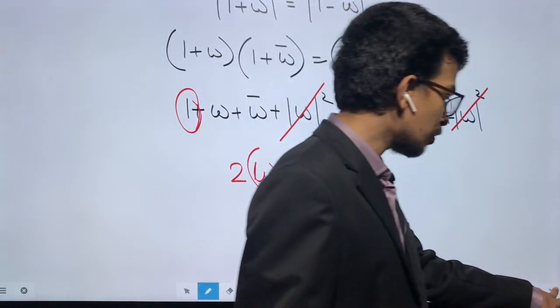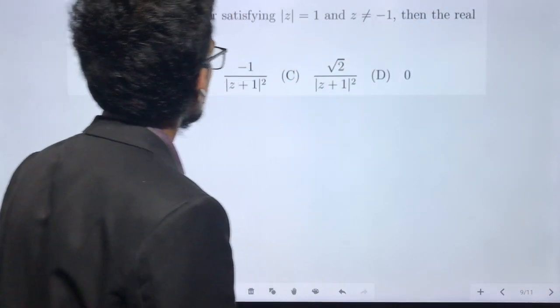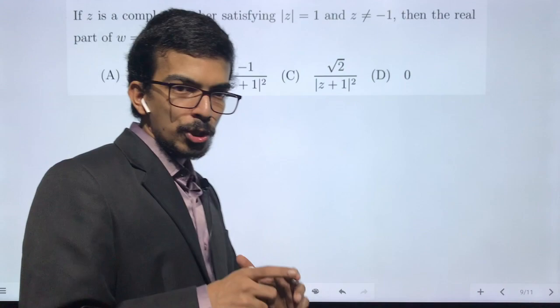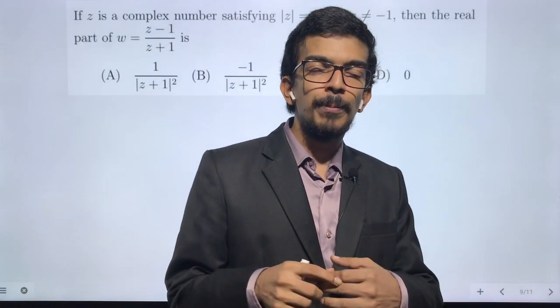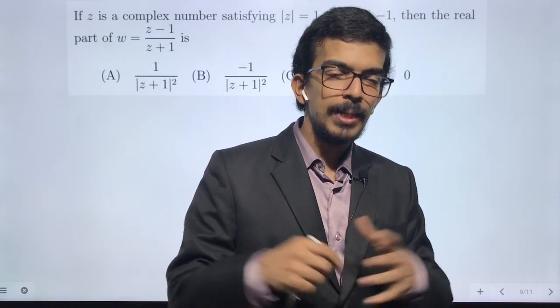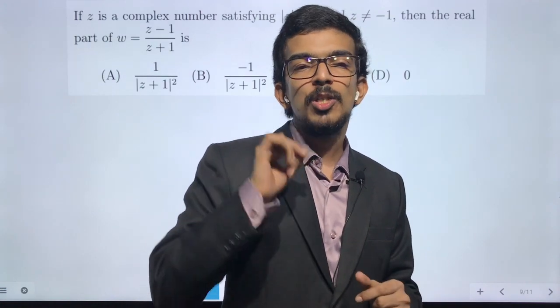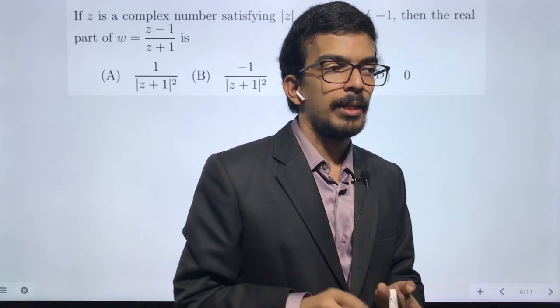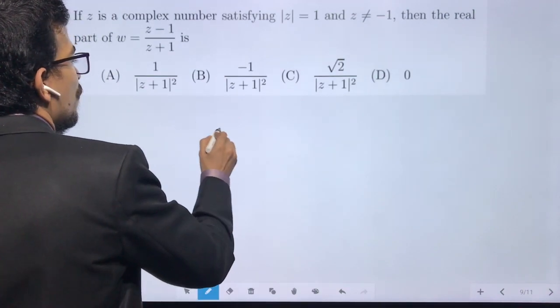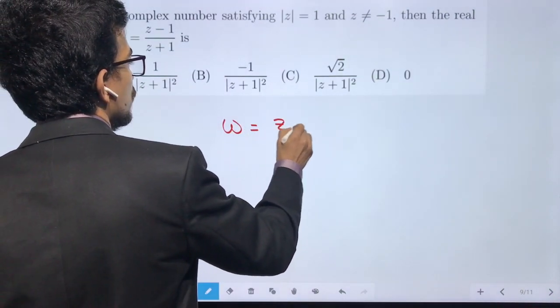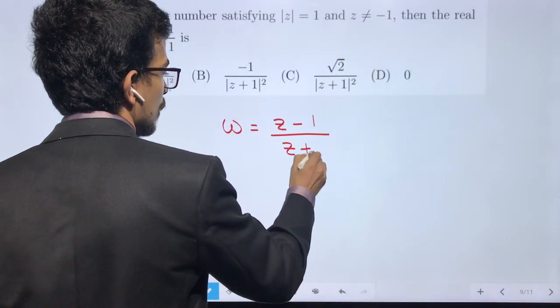Now let's go to the next way. In this approach, I'm going to think from the perspective of z again, but instead of doing the algebra, I'll do it geometrically. See, we have w is equal to (z minus 1) by (z plus 1).